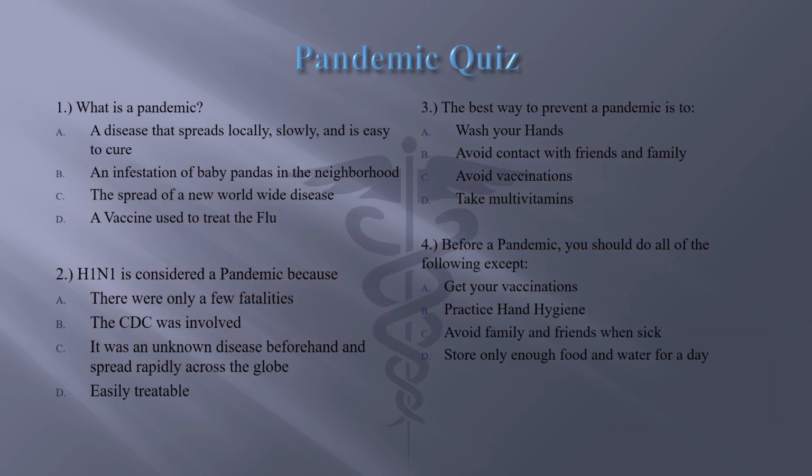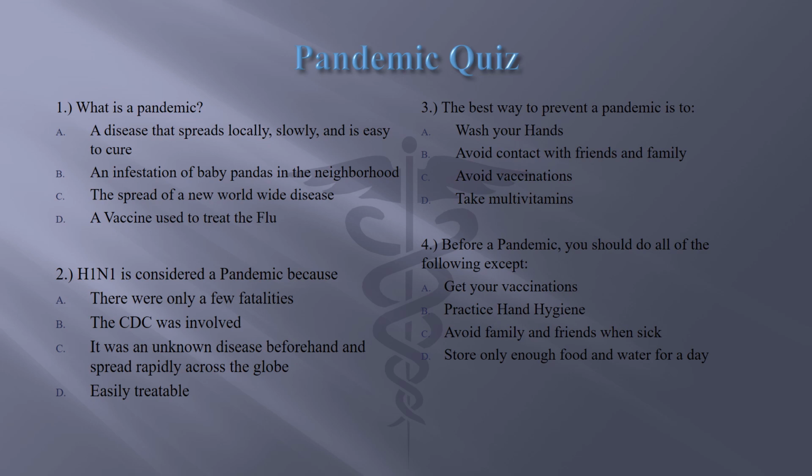Pandemic quiz. What is a pandemic? A disease that spreads locally, slowly, and is easy to cure? An infestation of baby pandas in the neighborhood? The spread of a new worldwide disease or a vaccine used to treat the flu? Number 2, H1N1 is considered a pandemic because there were only a few fatalities, the CDC was involved, it was an unknown disease beforehand and spread rapidly across the globe, or was it easily treatable?